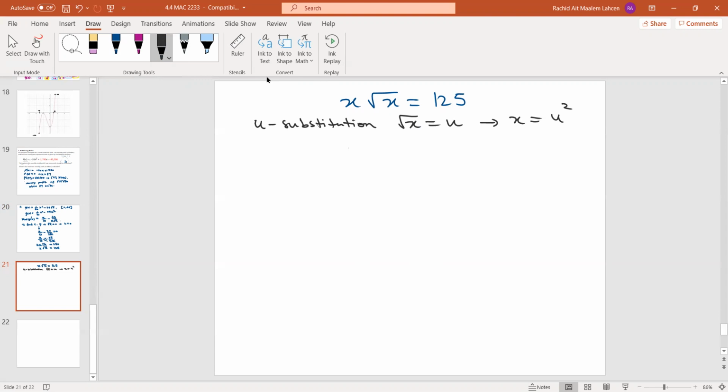So x square root of x becomes u squared times u. That's step 1 of this u substitution.